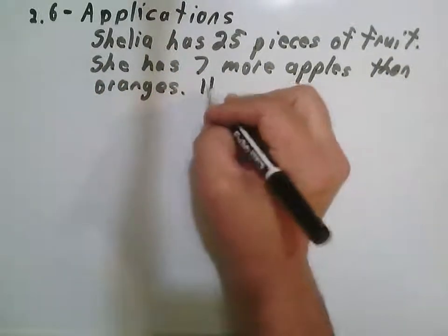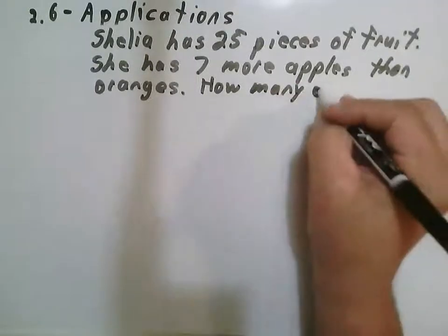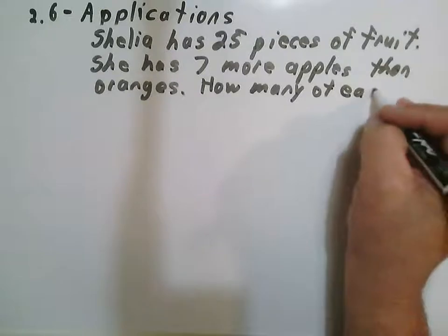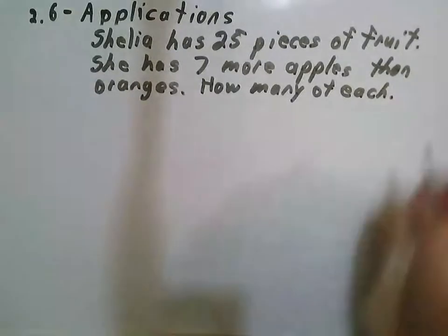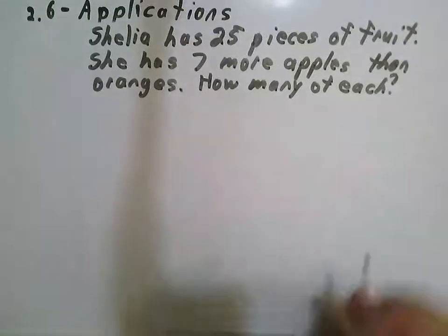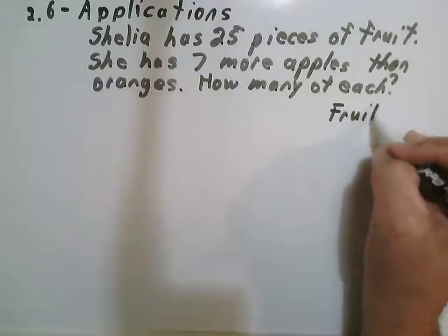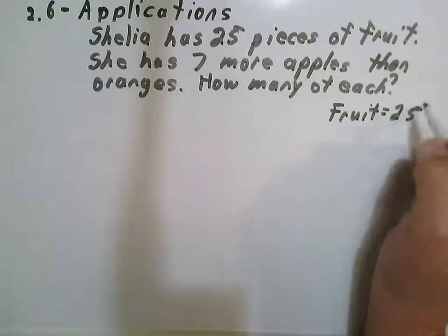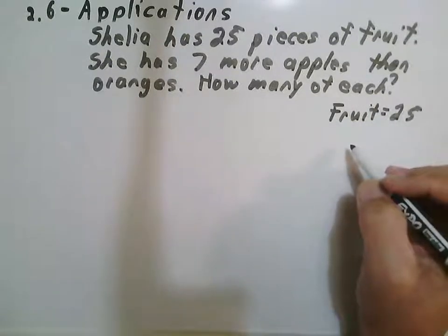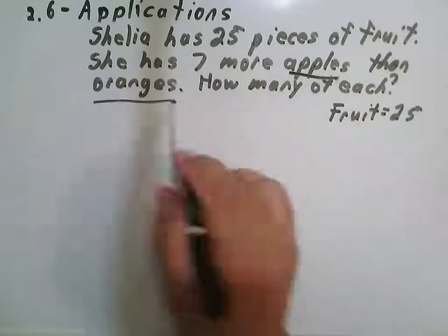And then basically it wants to know how many of each does she have. So once again, we're going to list our knowns and our unknowns. So what we do know is total fruit is equal to 25. And we know she has 2 types of fruits because we have apples and oranges.